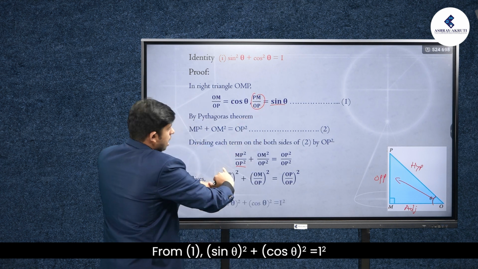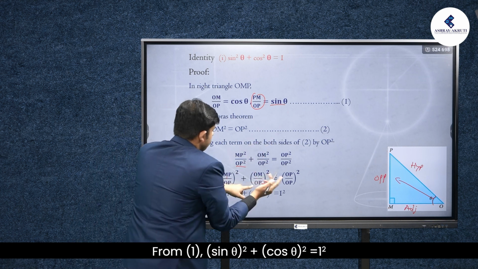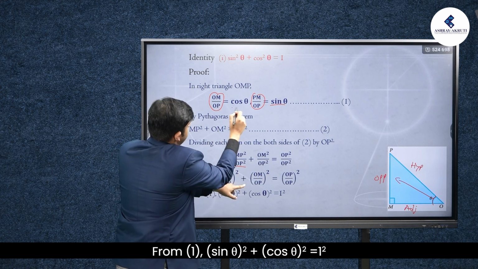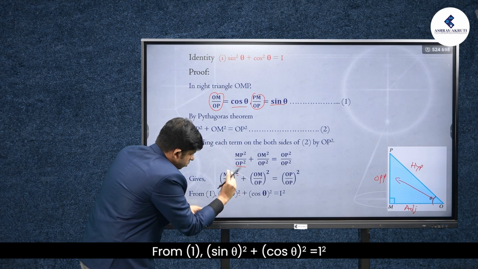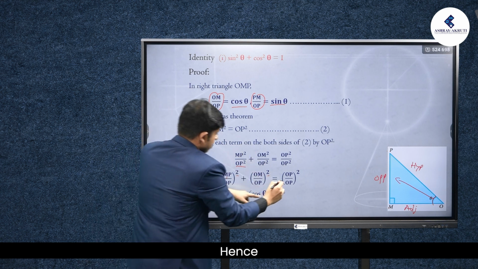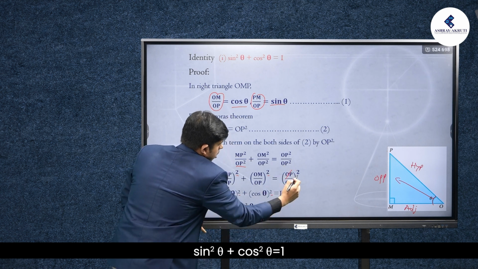From 1, we can say (sin theta) whole square plus (cos theta) whole square is equal to 1 square. Hence, sin square theta plus cos square theta is equal to 1.